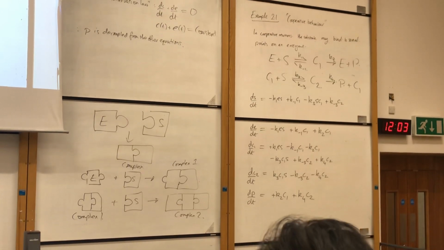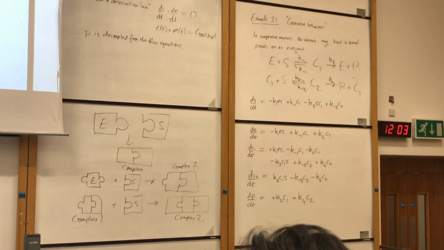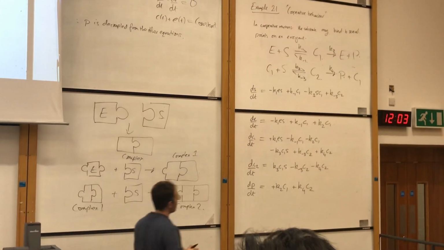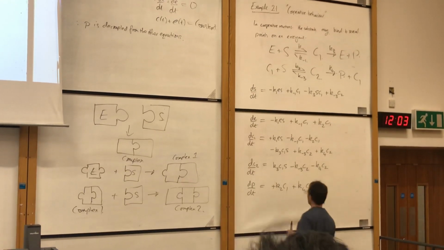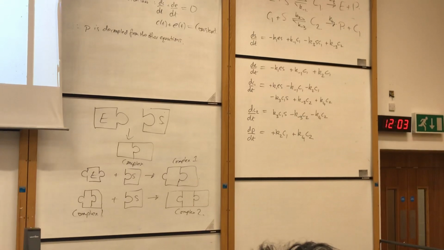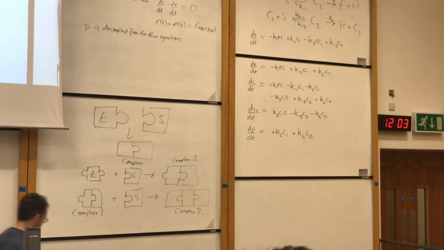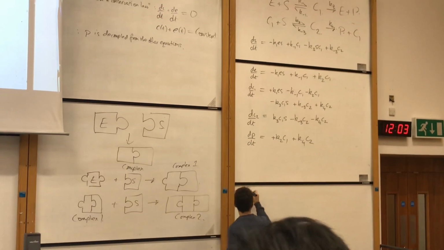Okay, so that's an example. Just to finish off here today, I'm not going to do this, but this is a class exercise to think about between today and tomorrow. So, exercise.